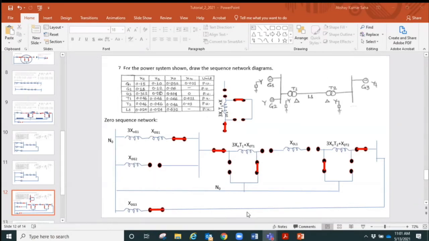Sorry, sir. Once again, can I ask a question? Yes. I'm lost. Why didn't we close the series connection in generator 2? Look at generator 2, how it is connected. What is the connection of generator 2? Look at the system diagram given in the problem. Tell me what connection you see there.